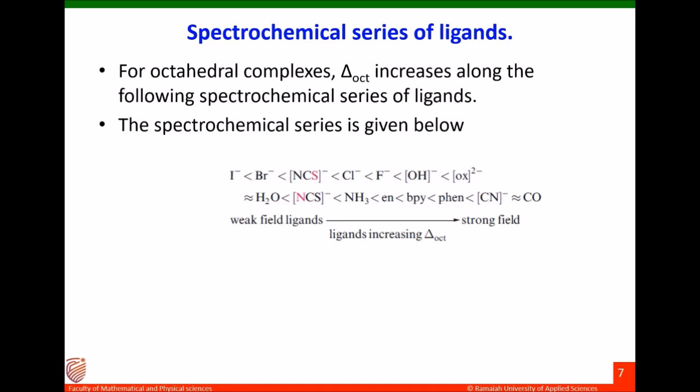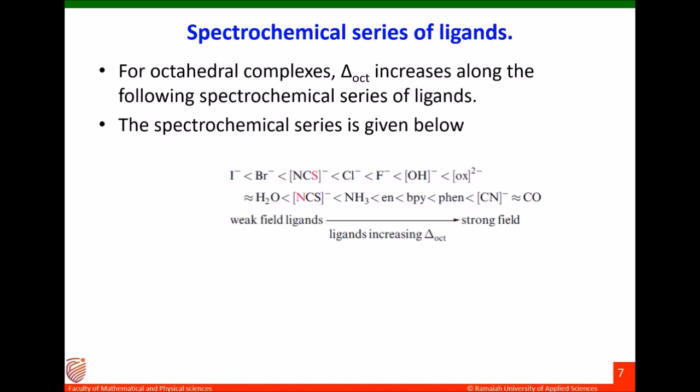That means from weak field ligands such as halides to strong field ligands such as carbonyl or CN minus, the delta octahedral value increases.